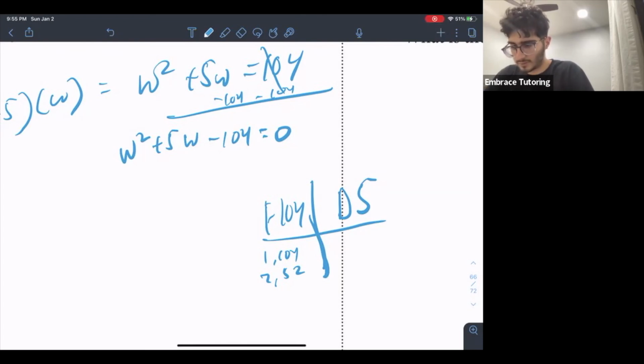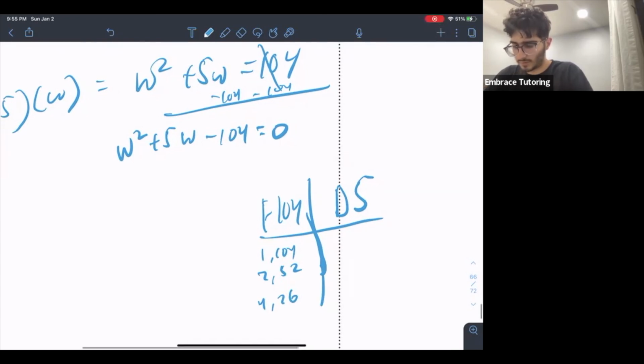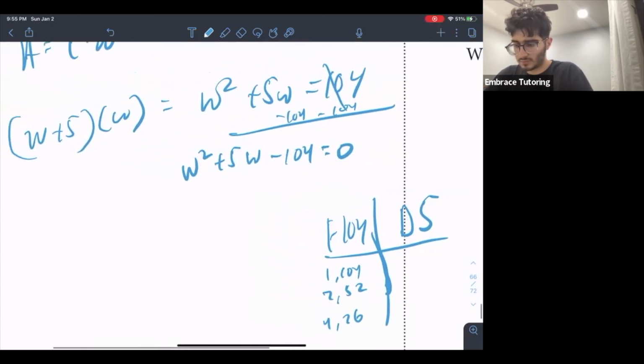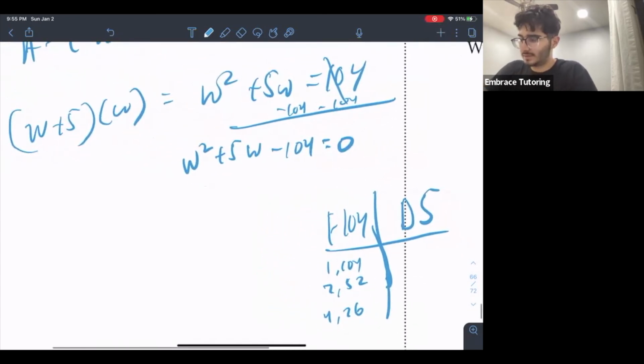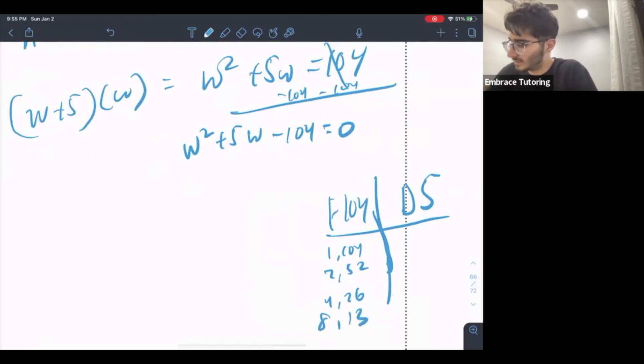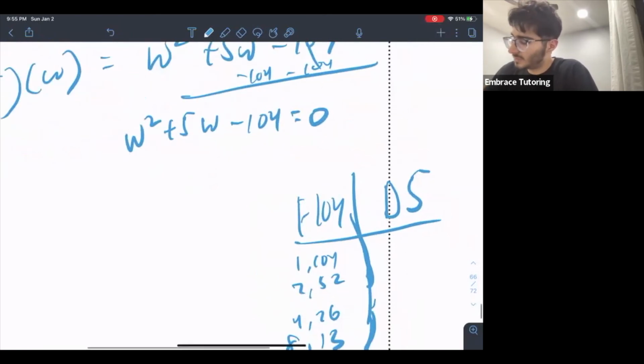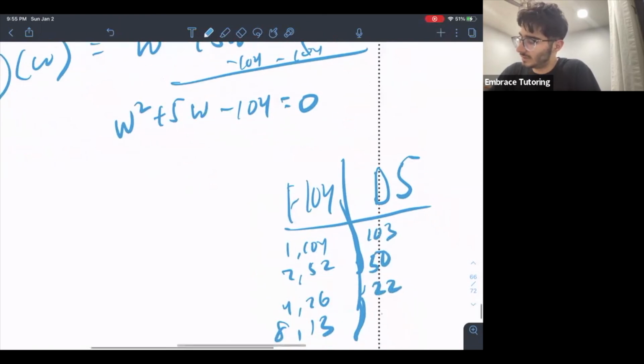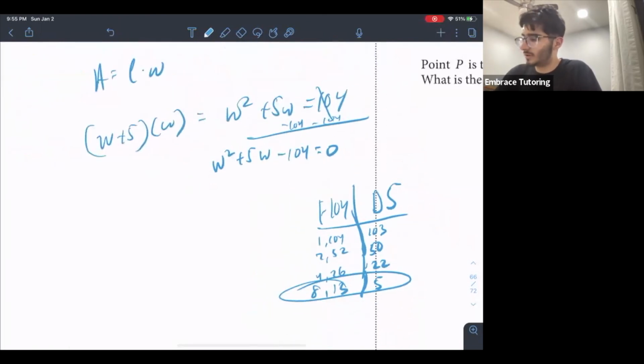No. 104 divided by 4 gives you 26. 104 divided by 5, no. 6, no. 7, no. 8, yes. 8 and 13. The difference between 104 and 1 is 103, this is 50, this is 22, and this is 5. Okay, so this product works.